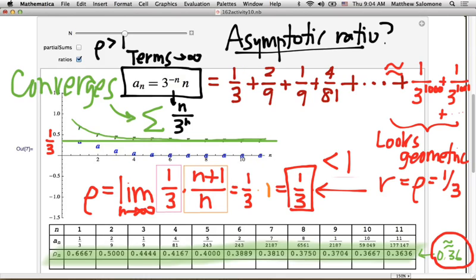But the conclusion is still the same. If the ratio is bigger than 1, then the terms are blowing up to infinity, and so the series must definitely diverge, because in order to converge, the terms have to go to 0. So there's only one example of a common ratio that tells us nothing, and that's the common ratio rho equals 1. So we want to look at an example of that before you get into your groups today.